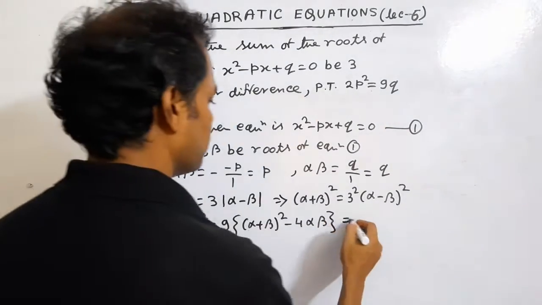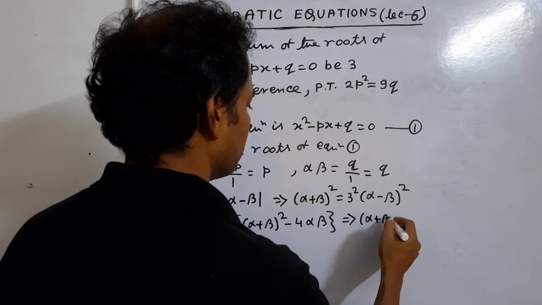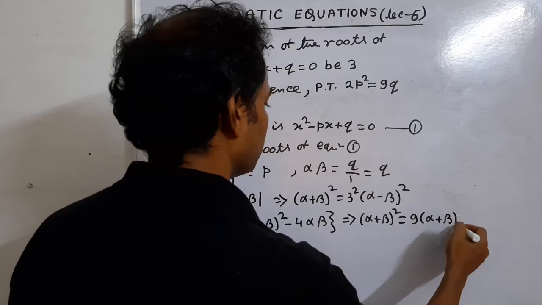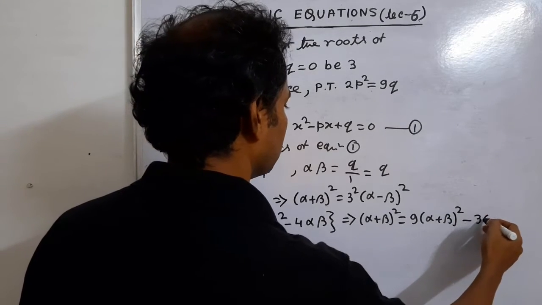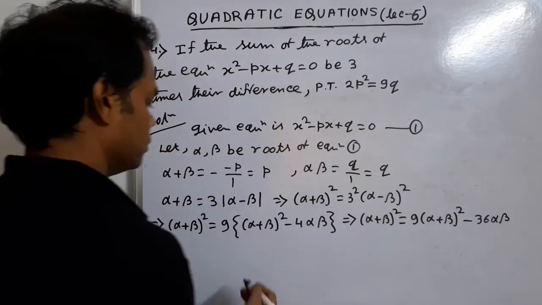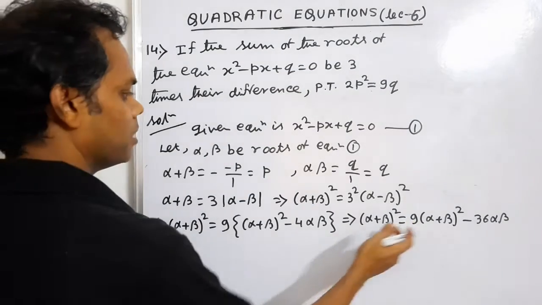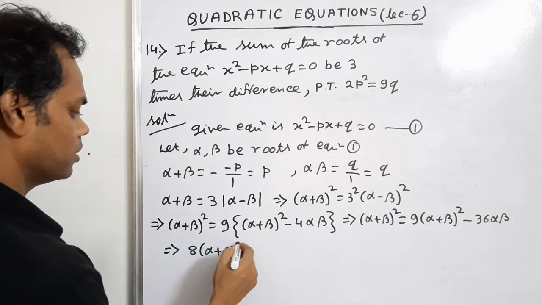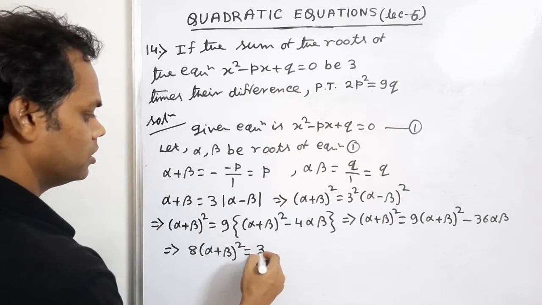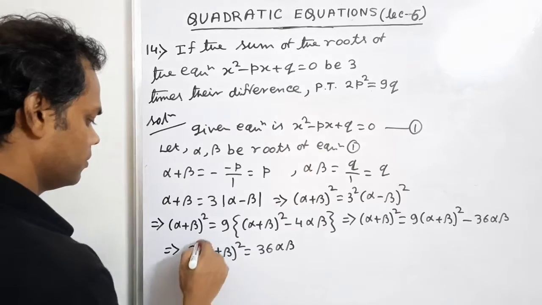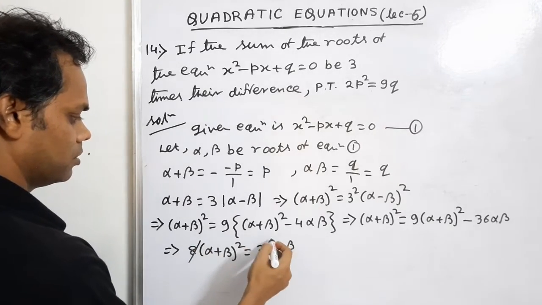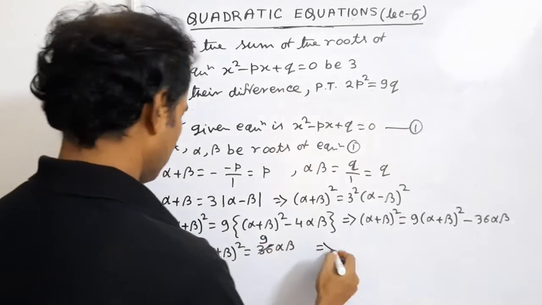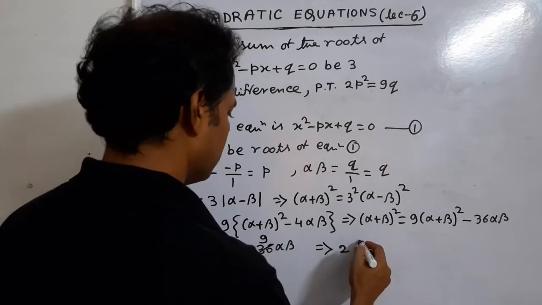So alpha plus beta whole square equals to 9 alpha plus beta whole square minus 36 alpha beta. So 9 minus 1, 8 alpha plus beta whole square equals to 36 alpha into beta. 4 into 2 is 8, 4 into 9 is 36, so 2 alpha plus beta whole square equals 9 alpha beta.